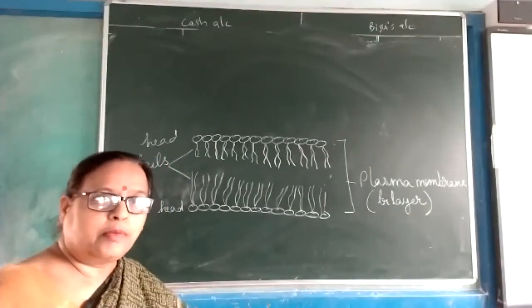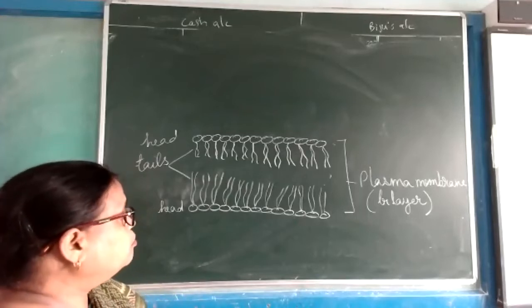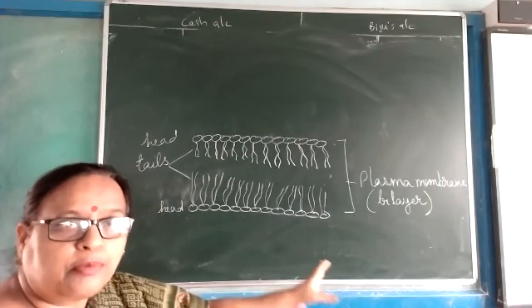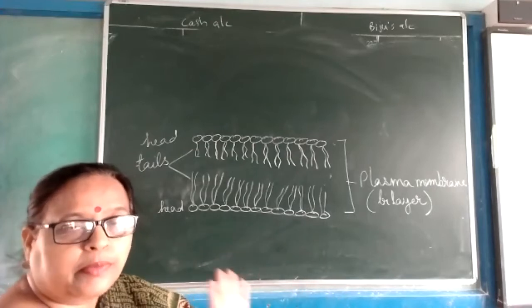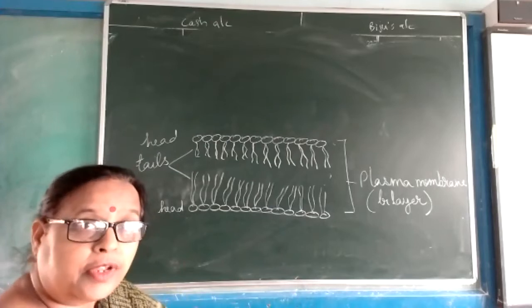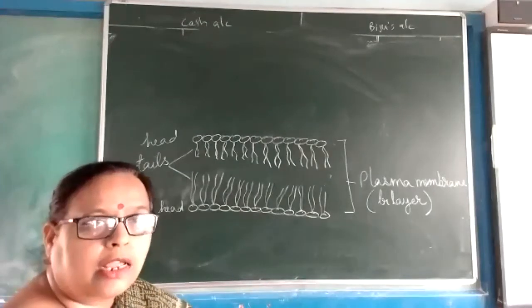So the plasma membrane is made up of a bilayer of phospholipid, or phospholipid bilayer, in which the proteins are embedded.